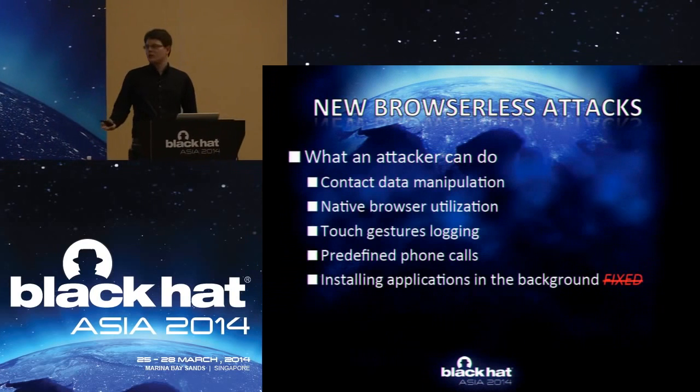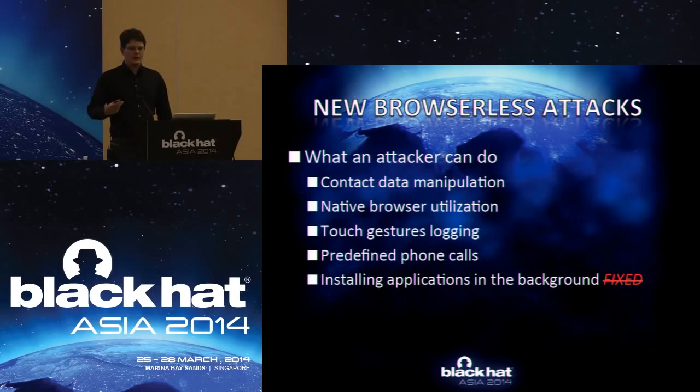So what can an attacker do? An attacker can manipulate contact data. It can use your browser to serve web pages. It can close the browser in the background. It can log your touch keystrokes, so we have a keylogger. It can do predefined phone calls. We saw that.